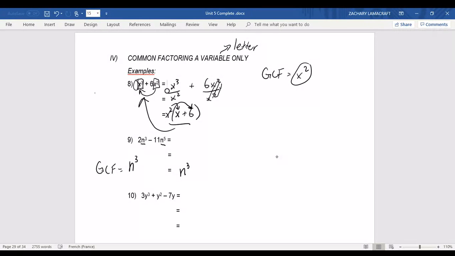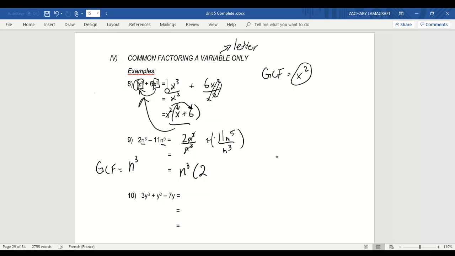Now, I'm going to leave that down here and continue with doing exactly what we've done before. We divide each term by n to the 3. In the first one, we would have 2n to the 3 divided by n to the 3. Those cancel out because they're the same, so that would leave us with 2.